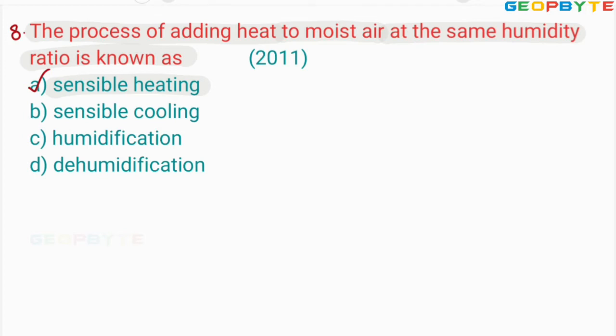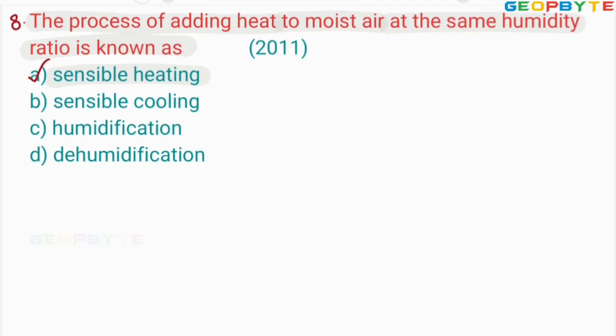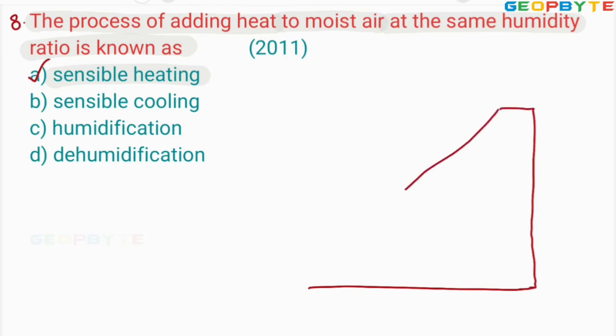That sensible heating in the psychrometric chart can be represented like this. Psychrometric chart. So this is the saturated curve.